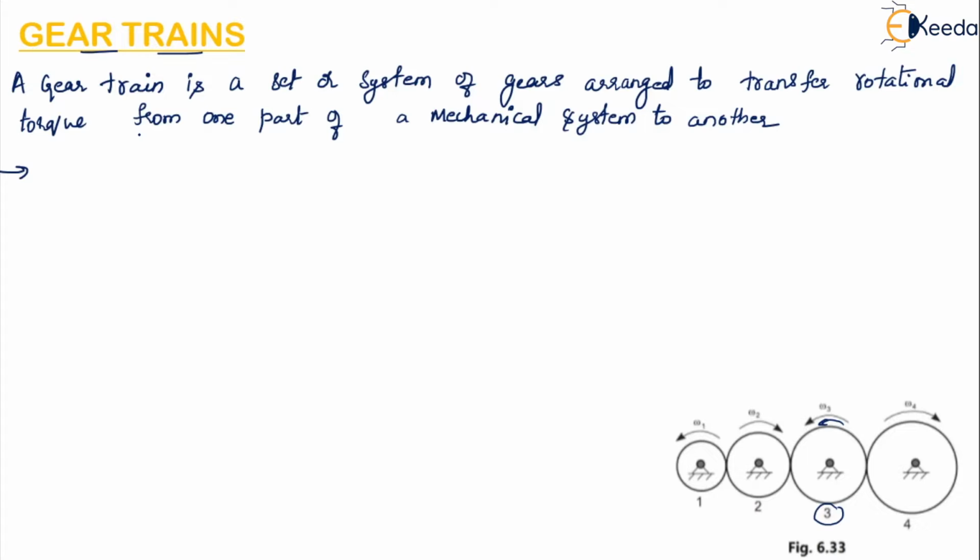So gear trains consist of driving gears, intermediate or idler gears, and transfer gears.